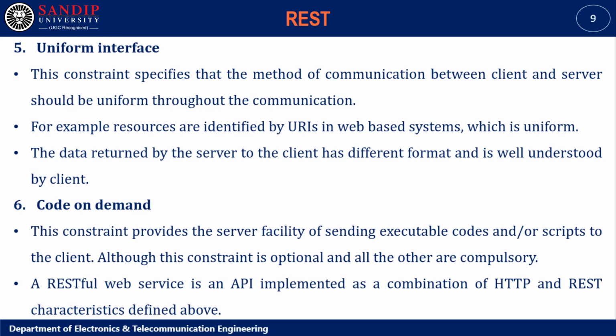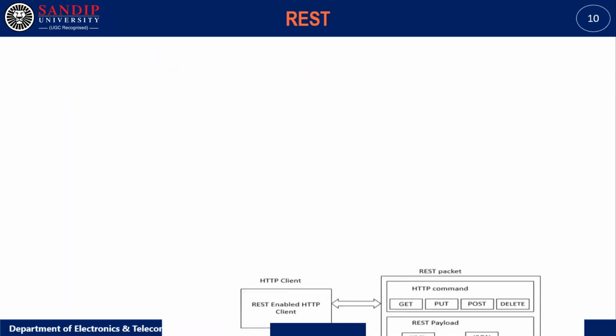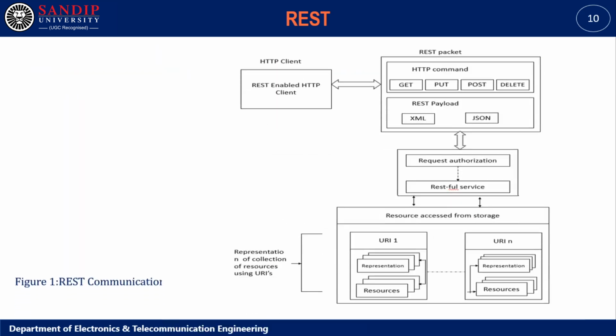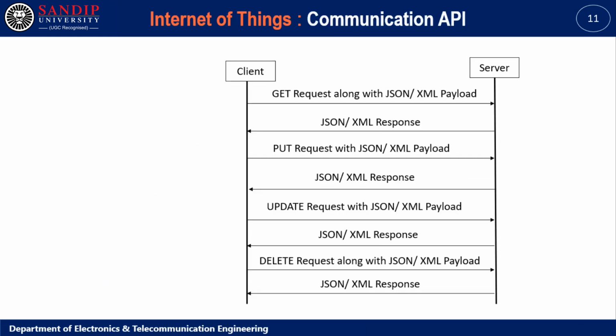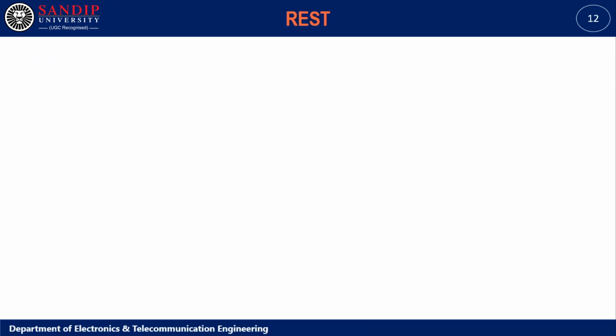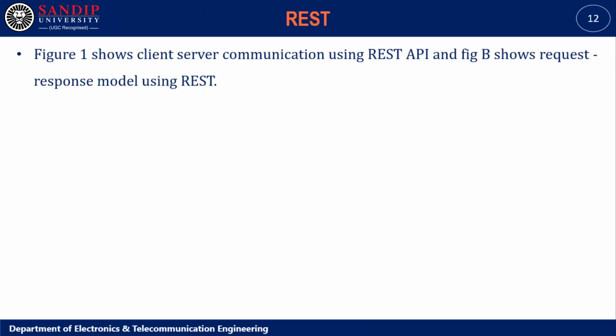A RESTful web service is an API implemented as a combination of HTTP and REST characteristics defined above. The figure shows the REST communication. This figure shows the client-server communication using the REST protocol. Figure 1 shows the client-server communication using REST API and Figure 2 shows the request-response model using REST.